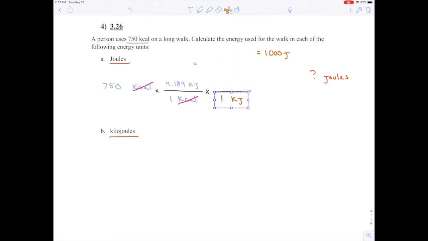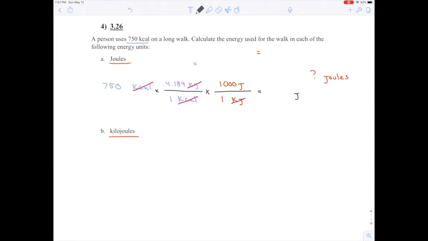So the kilojoules will go on the bottom along with the number associated with it. And going over the fraction is like going across the equal sign, so on top you'd have 1,000 joules. The kilojoules will cancel because they're on opposite sides of the fraction bar, and we're left with joules, which is exactly what we wanted.